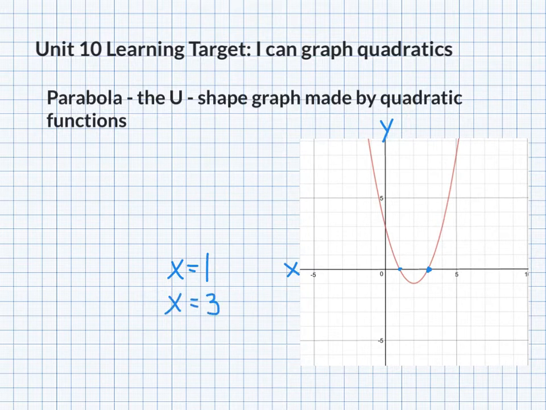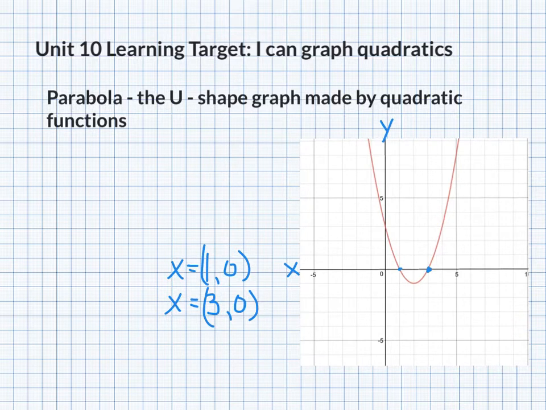So those are the solutions. Our x-intercepts are then (1, 0) and (3, 0). They're where y is equal to 0.